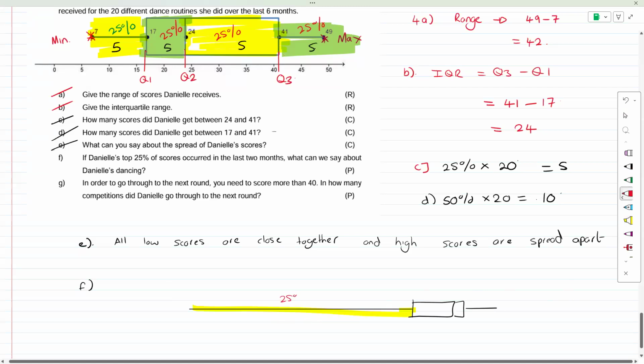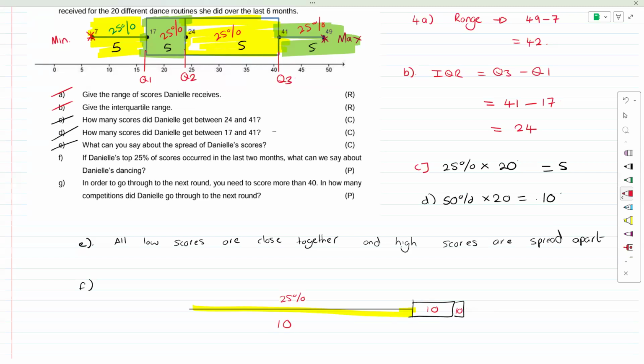Let's say the person did 40 dances. This will be the score of 10 dances, 10 dances, 10 dances. Let's even make this a tiny part, 10 dances. So even though one part is longer than the other, it's all 25% of the data. So please understand.